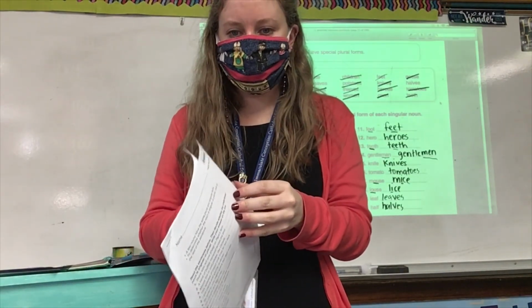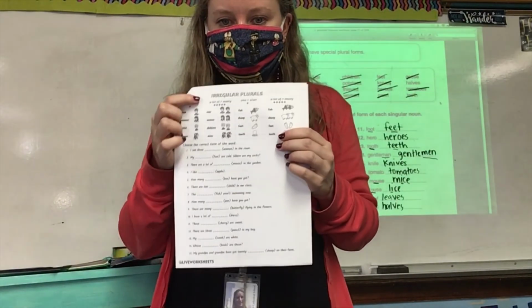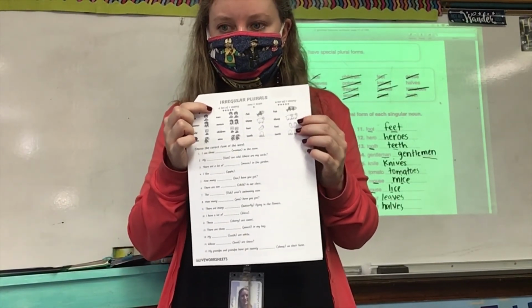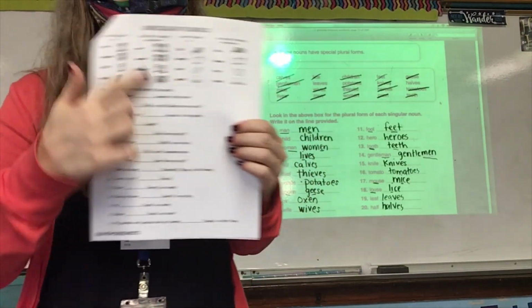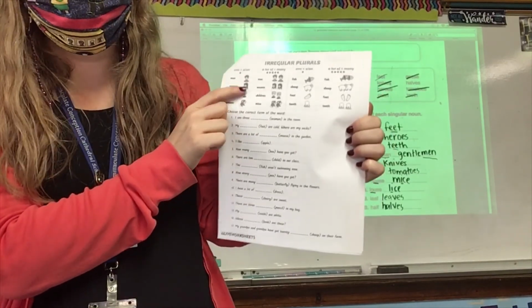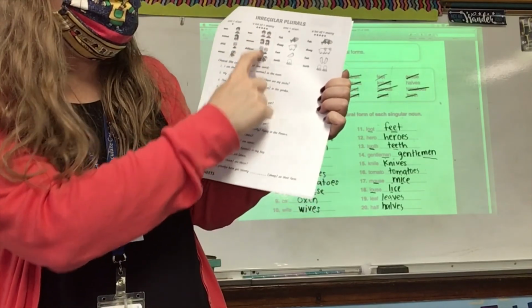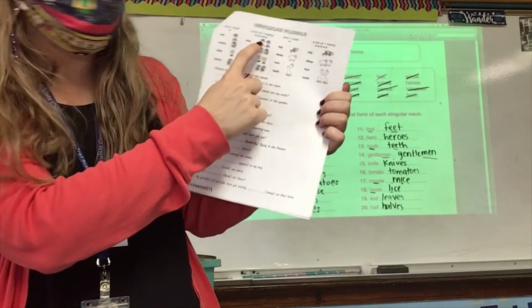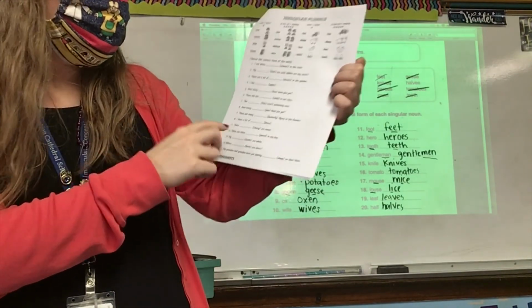On the back or the second page, it says irregular plurals at the top. And then it has lists. On one side it says one and then a or an, which means you would use a or an before that word. Then on the other side it says a lot of or many. And there's two sections, okay?